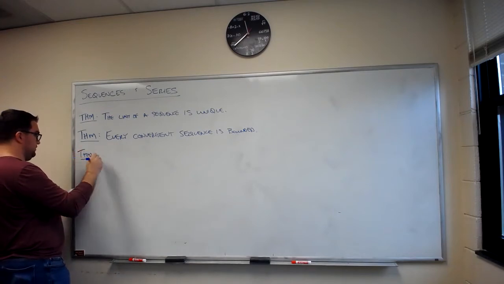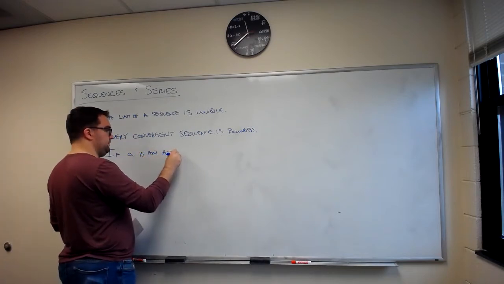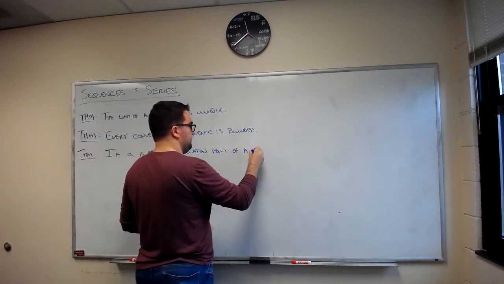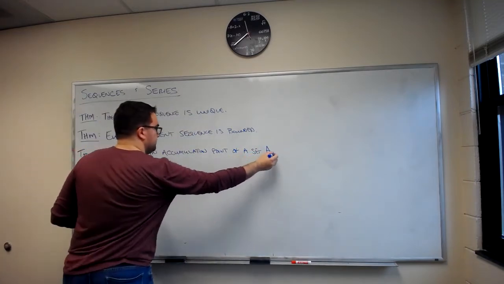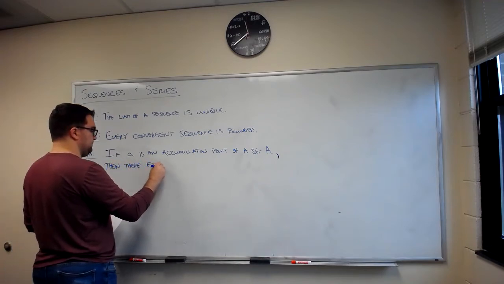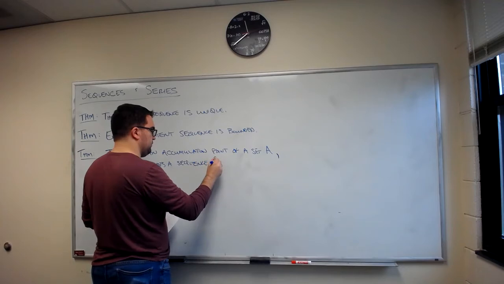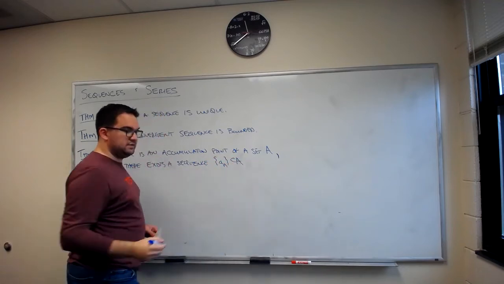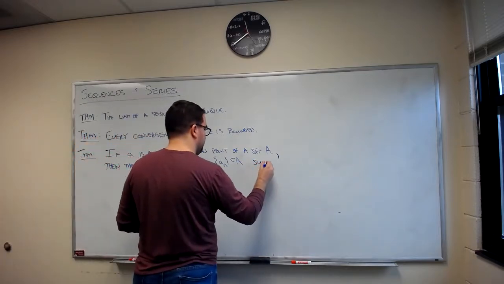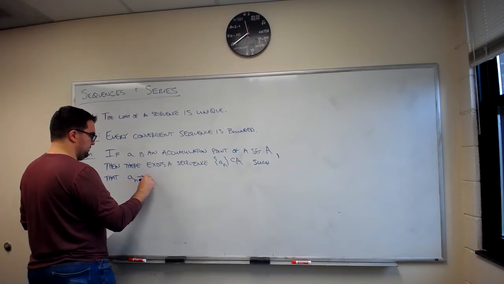The next one: if a is an accumulation point of a set A, then there exists a sequence a_n of points in A, a subset of A, such that a_n converges to a.